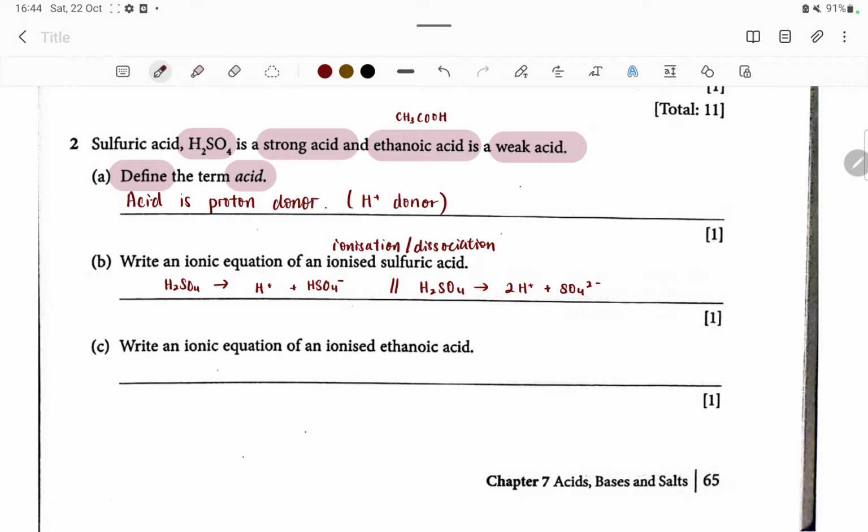And then they ask for the ionic equation for ionized ethanoic acid. So this one, ethanoic acid we already know, CH3COOH, and then two-way equation because it's reversible, because a weak acid only ionizes partially.